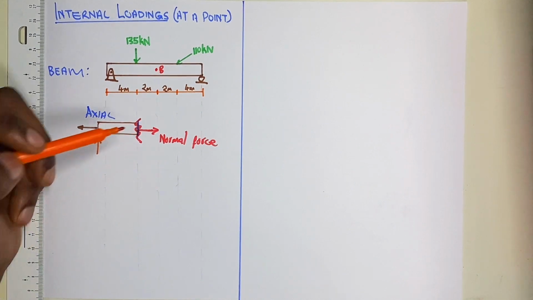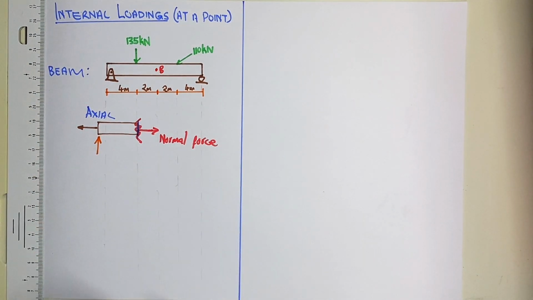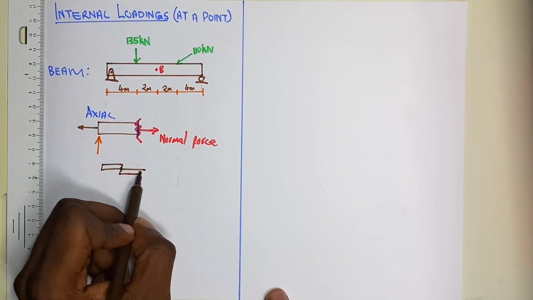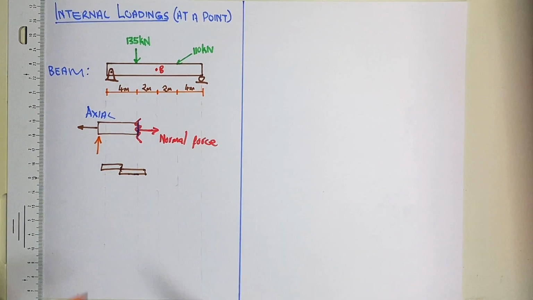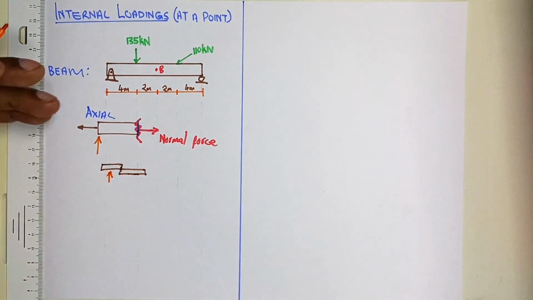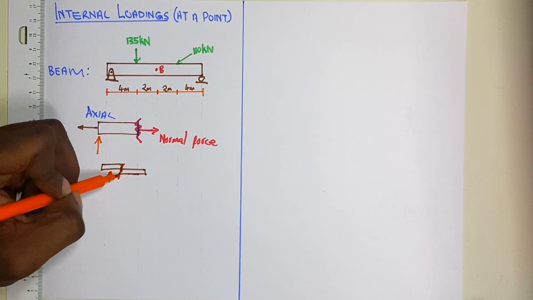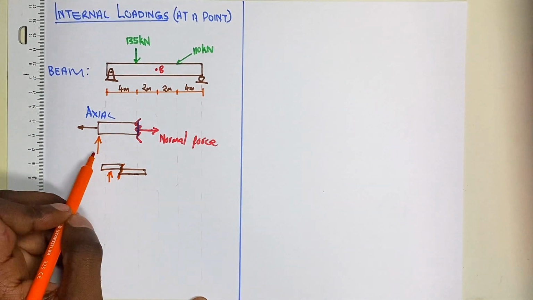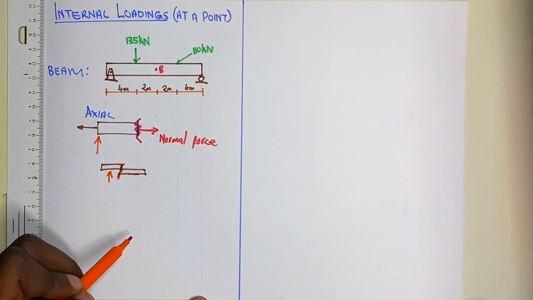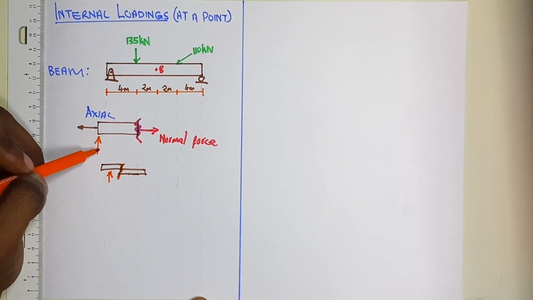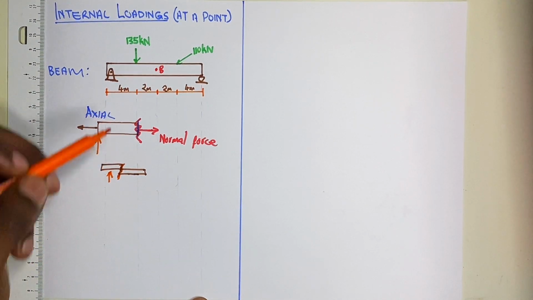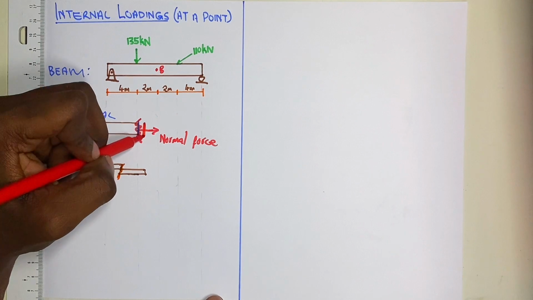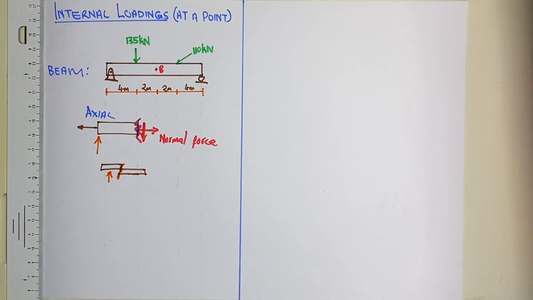Internally, if you look at a section of our member, if there's a force that is forcing a movement in the horizontal direction, there will also be an internal loading that tries to balance off that external force. Because our force is acting in a horizontal manner, even inside here we will have a force that is acting in a horizontal manner.